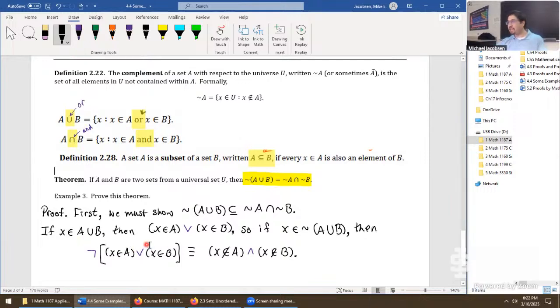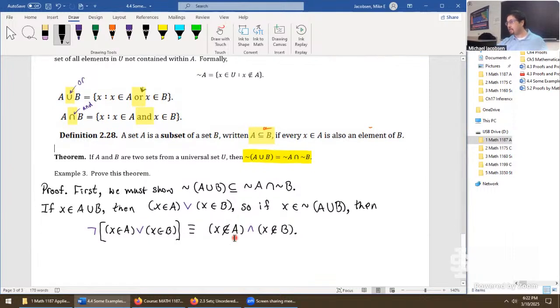So if X is in A union B, we get to this relationship, but we want X to be in the complement of A union B. So if it's actually here, we negate that original relationship using the techniques from chapter 3. And this is what we have. X is not in A and X is not in B. Well, if that's the case, we can now say further. This shows if X is not in A, look at the complement operator right up here by the red dot.